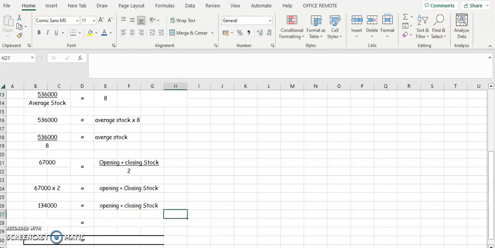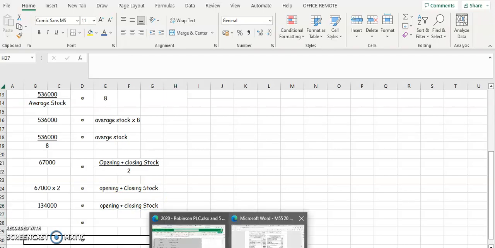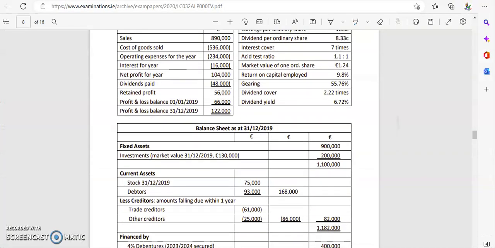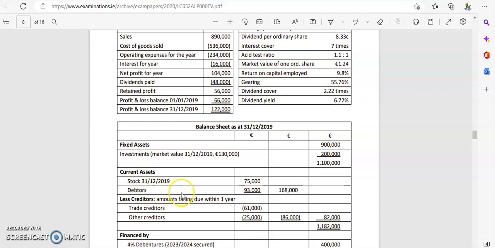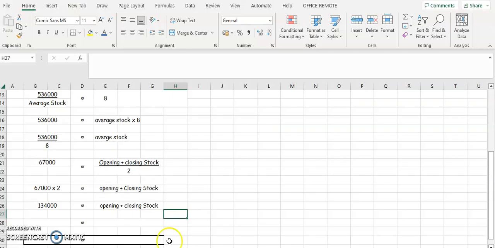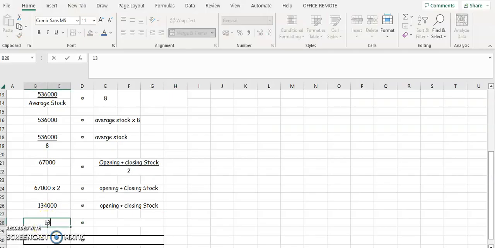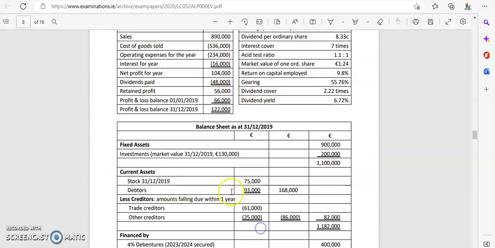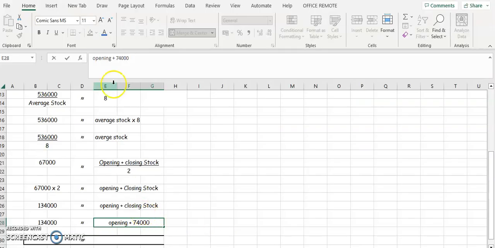Now we go back to our profit and loss account to find our closing stock. Our closing stock here is 75,000. So now we can fill that into our formula: 134,000 is equal to opening plus 75,000.